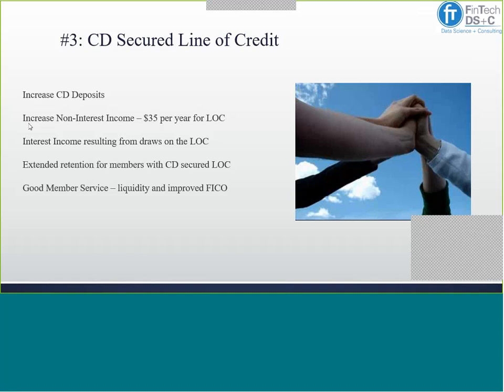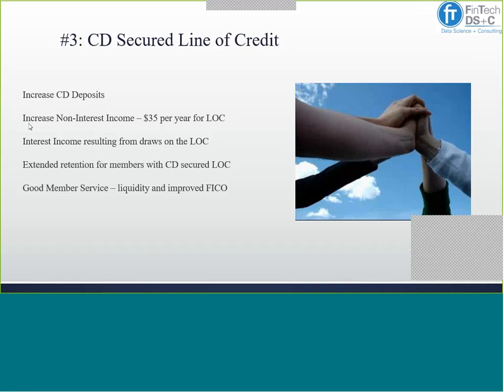The message to the retirees is, look, you've got these CDs with us, we know. You don't need a line of credit, we understand. But your CDs are maturing at different times during the year. And for $35, wouldn't you like the peace of mind that I'm going to make 90% of your CDs available to you in a line of credit?